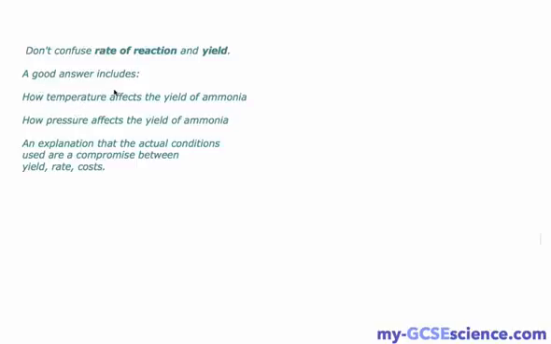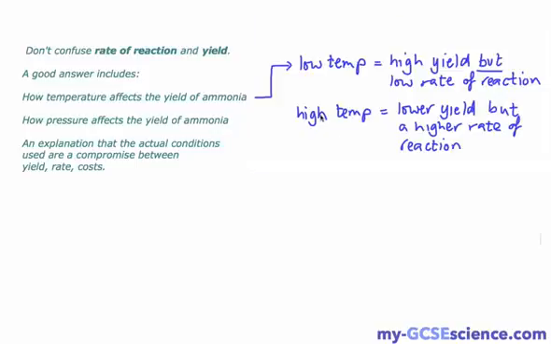But a good answer for this includes how the temperature affects the yield of ammonia, and the way that happens is as follows. We know that a low temperature will give us a high yield but a low rate of reaction, and a high temperature will give us a lower yield but a higher rate of reaction. So our temperature that we use is a compromise between yield and rate of reaction.